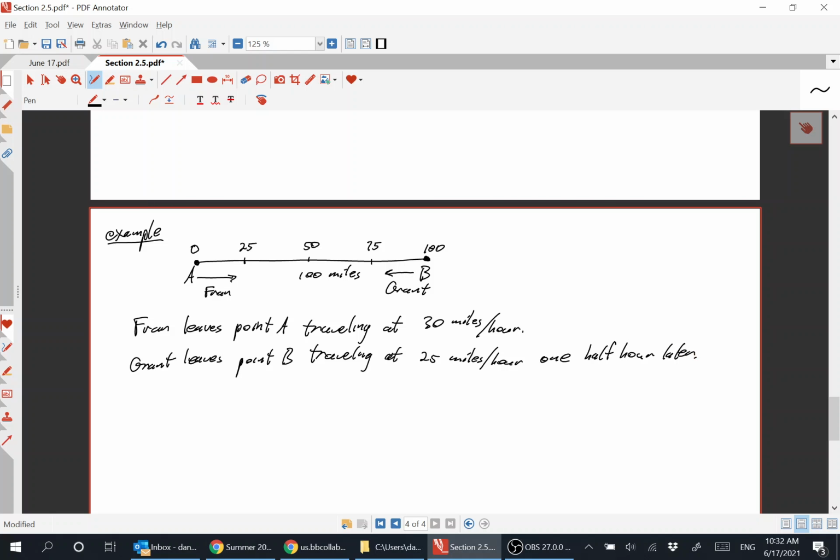Okay, so Fran is going towards B, and then Grant is going towards point A, but Grant leaves a half hour after Fran.